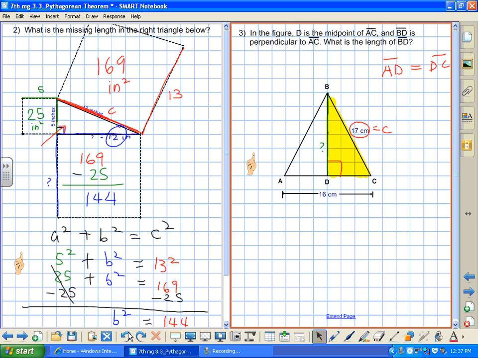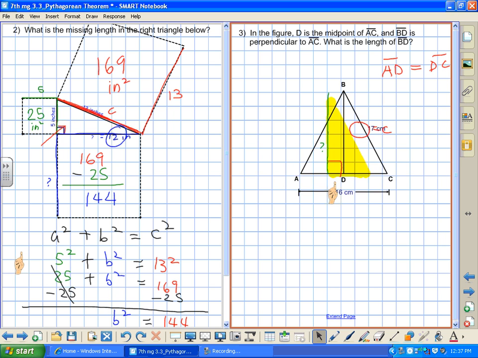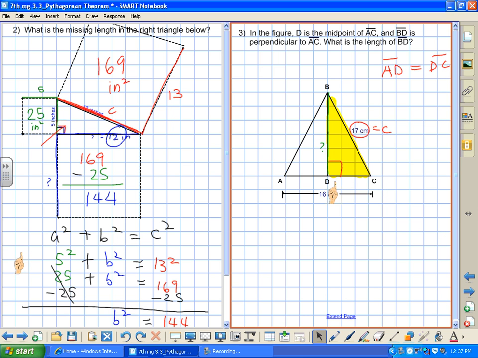Now, the unknown, the green line that you see here, is the one that we're looking for. We need to know what this length is before we can start applying the Pythagorean theorem. Well, we were given the fact that this length, A to C, is 16. And remember, D was the midpoint, which means it halves it.